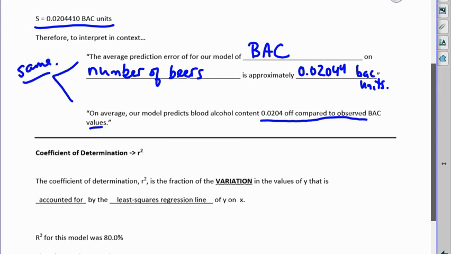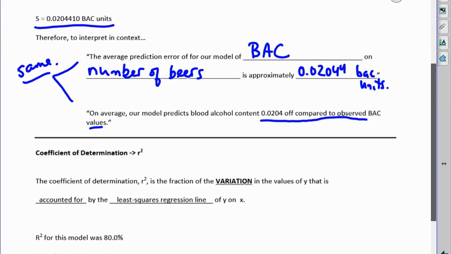That's basically our prediction error. Considering 0.08 is the legal limit, it might be understandable if someone was at 0.1 or 0.06. It'd be kind of understandable if they had that and they drank the same amount of beer as someone who is 0.08.